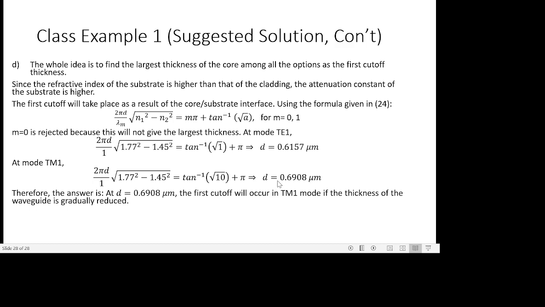So this thickness is going to be larger among these two modes, TM and TE mode. So in this case, we conclude that the first cutoff is going to be the largest one first. As the thickness is reduced, we find the next largest thickness, which is this one, 0.69 micron, as the first cutoff that occurs.